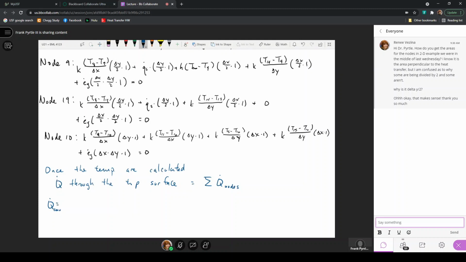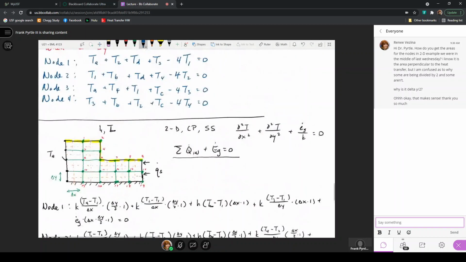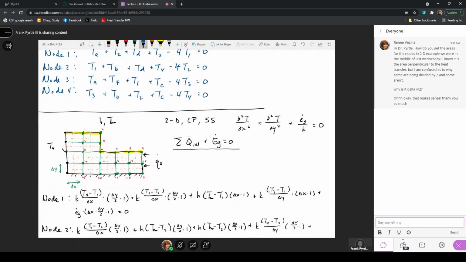From that top surface, if I start with the one that's at a temperature that is TA, this becomes the heat transfer coefficient times TA minus T infinity times the surface area for the convection. Well, this is a delta X over 2 wide times a unit 1 into the page. So this heat transfer rate that's occurring just on this area here that has a temperature that's TA would be the first contribution.